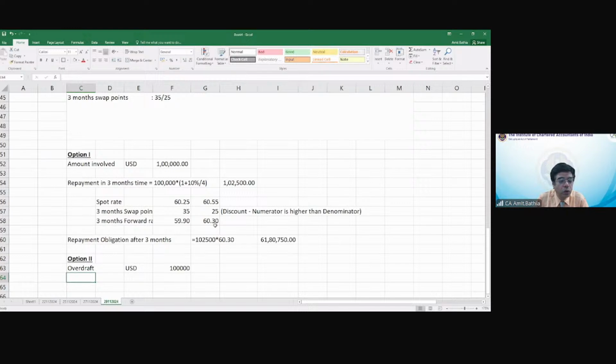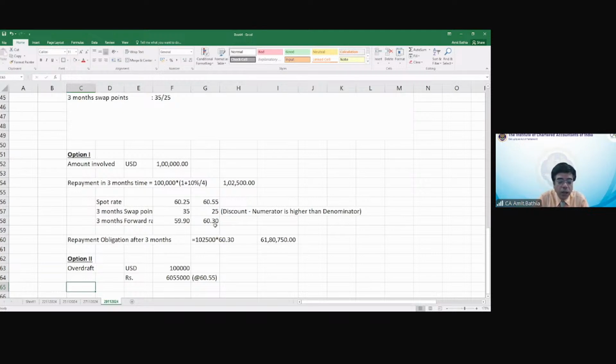In rupee terms, that will come to 62 lakh 6,375 ... 100,000 multiplied by 60.55. Am I right? Yes, so this will be at 60.55. All right. So this is my overdraft value.